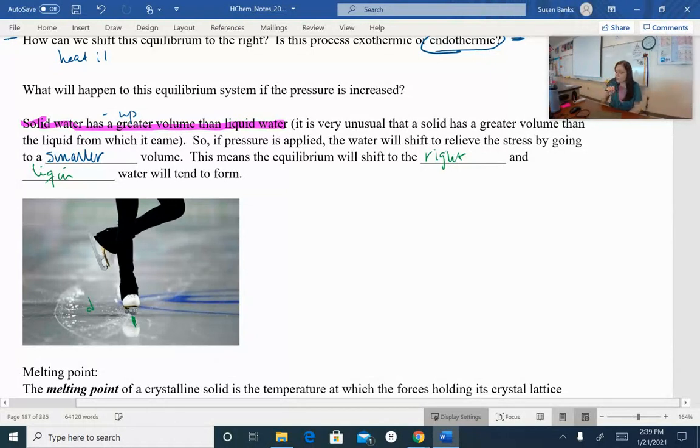So under our blade, it's not actually ice, it's liquid. And you're actually hydroplaning on water when you ice skate. And that's how ice skating works. We're actually shifting that equilibrium from solid to liquid using immense pressure. And we are making water, so we hydroplane.